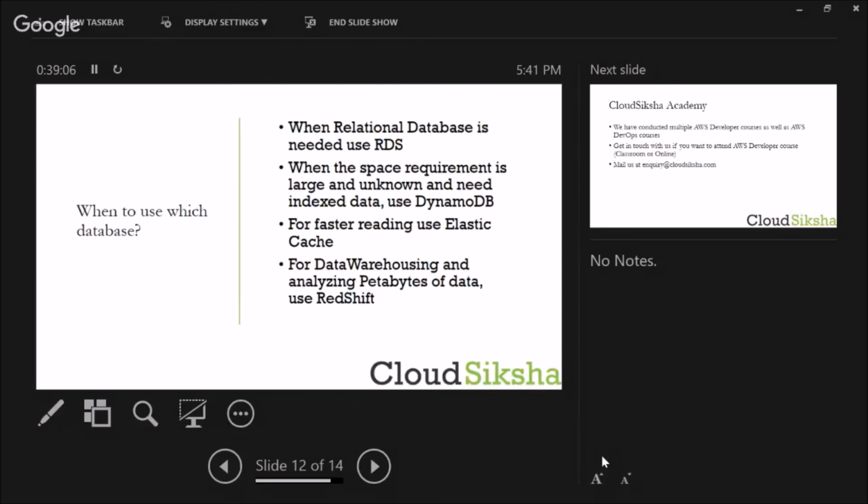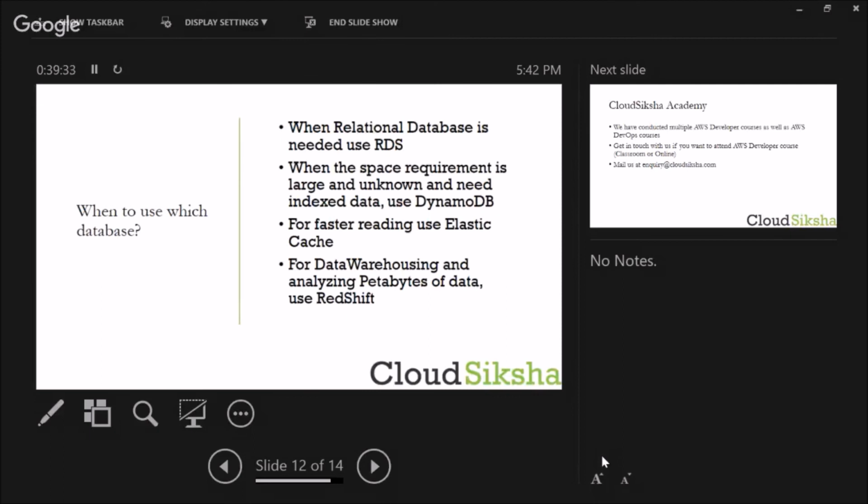But as I said earlier, when you want to improve your reading speed to sub-milliseconds, then we would look at using ElastiCache with either Redis or Memcached. Then if you have petabytes of data to analyze, you want a data warehousing solution, and you are looking at something like Redshift.